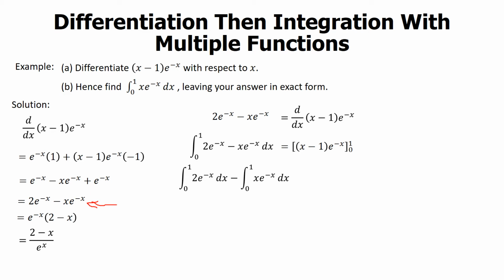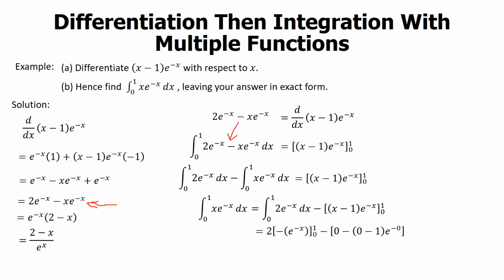Then we can integrate this expression separately, which is the integral from 0 to 1 of 2 times e to the power negative x dx minus the integral from 0 to 1 of x e to the power negative x dx, equals (x minus 1) e to the power negative x from 0 to 1. So we make the integral from 0 to 1 of x e to the power negative x dx the subject. Hence we get the integral from 0 to 1 of 2e to the power negative x dx minus (x minus 1) e to the power negative x from 0 to 1.